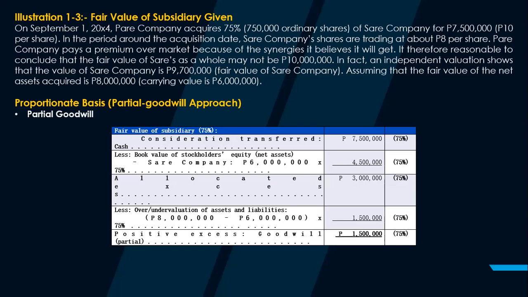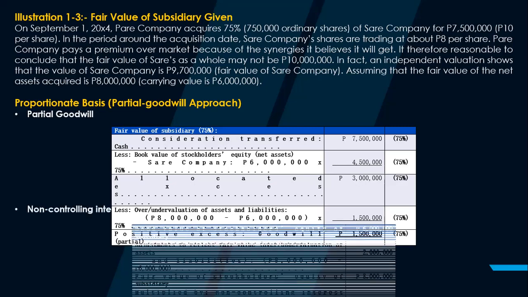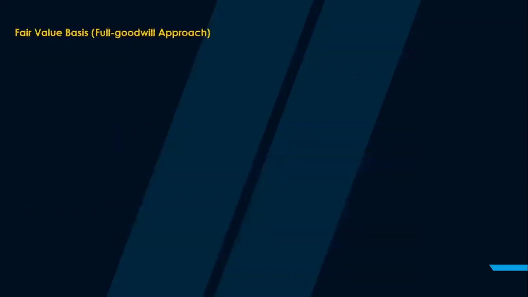So we have now the allocated excess of 3 million, the overvaluation of assets and liabilities in the amount of 2 million times 75%. We have now the positive goodwill that's equal to 1.5 million.